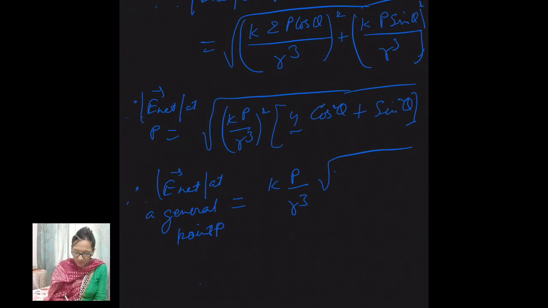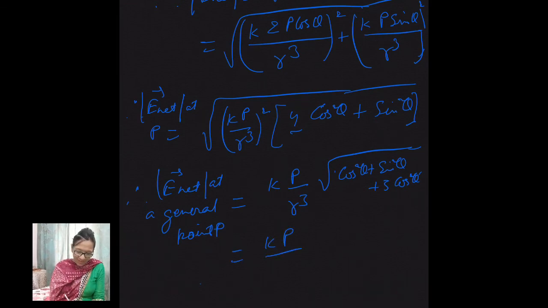So dipole moment along this direction will be P sin theta. So we will be using the two concepts of axial electric field and equatorial electric field due to dipole.